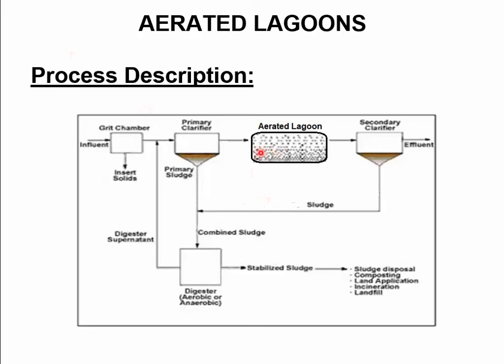Oxygen is supplied mostly by using mechanical aerators, surface aerators. And one other major difference is that aerated lagoons are mostly earthen basins. They are constructed within the soil, within the earth, whereas the aeration tank of an activated sludge process is a concrete structure above ground.